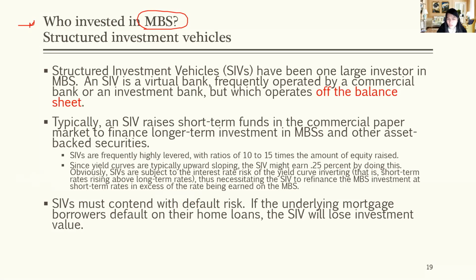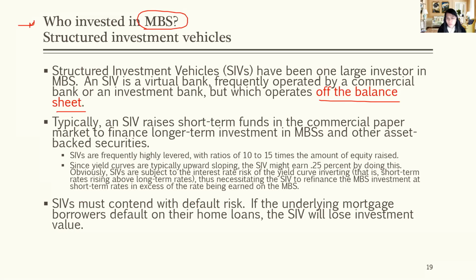So an SIV, or special investment vehicle, is a trust entity that is created by a bank, and it is controlled by the bank, okay? So this entity is off balance sheet in the sense that they are contingent liabilities for the banks.